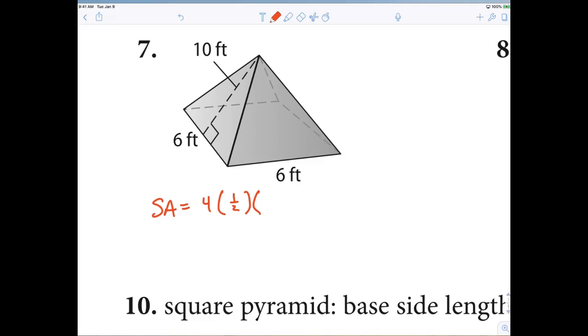Go ahead. What's the base and height? And then what? Plus what? Close. This is the 4 triangles. So what is this? That's the base. How do I find the area of the base?